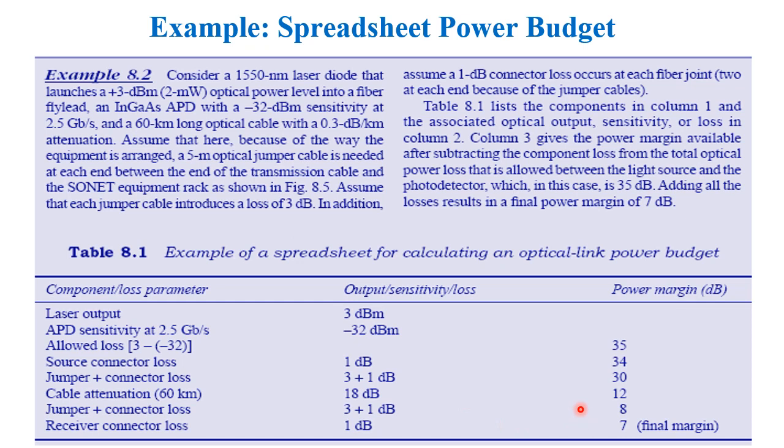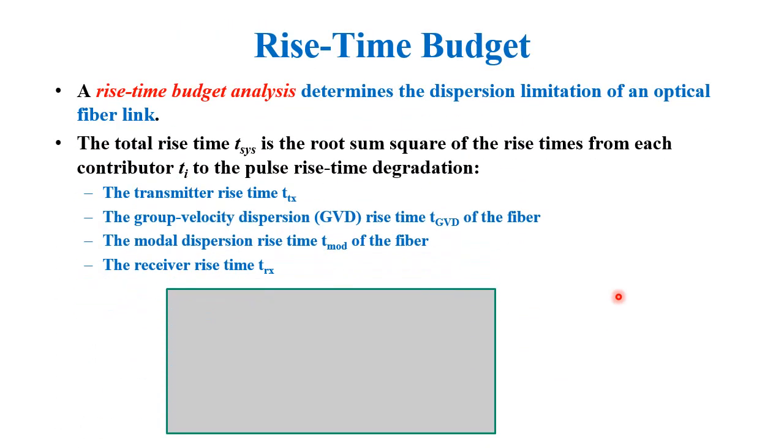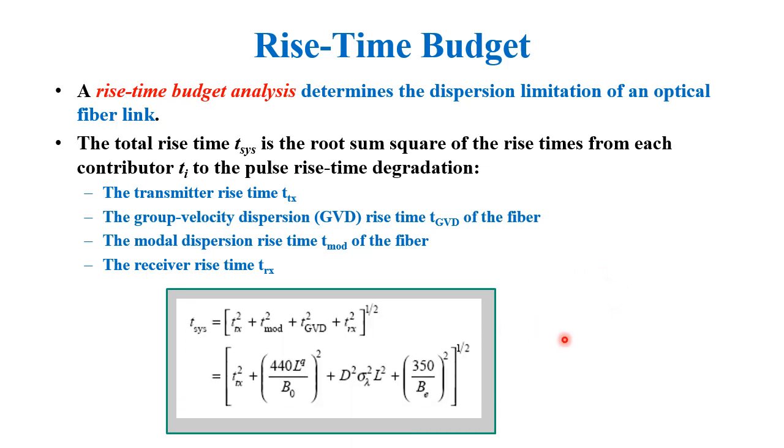So likewise we can find out the power budgets. Next one is rise time budget. The rise time budget analysis determines the dispersion limitation of an optical fiber link. The total rise time can be calculated by using this formula, where TTX is the transmitter rise time, T mod is the modal dispersion rise time, T GVD is the group velocity dispersion rise time, and TRX is the receiver rise time.